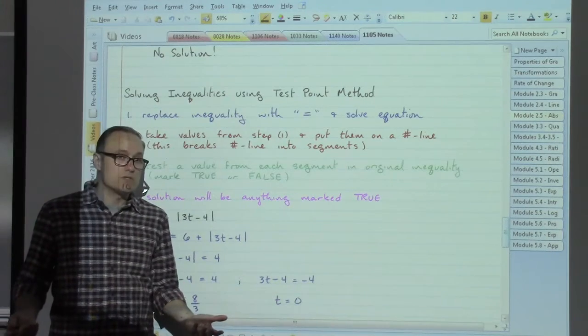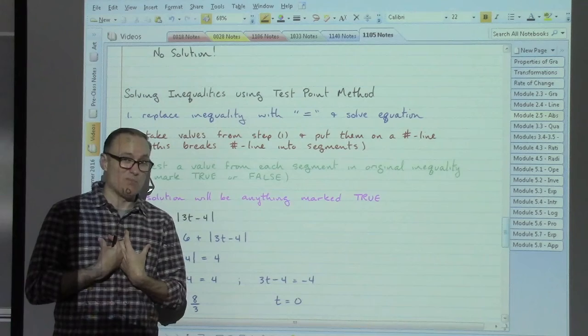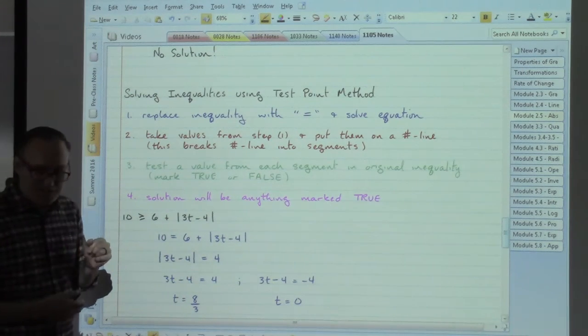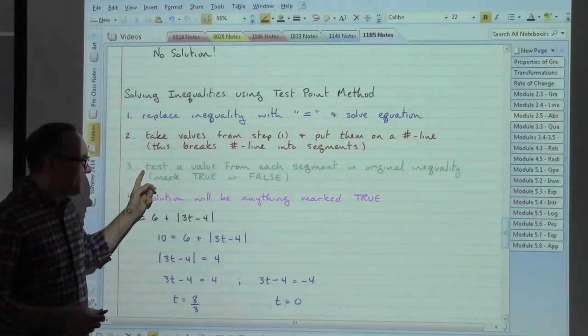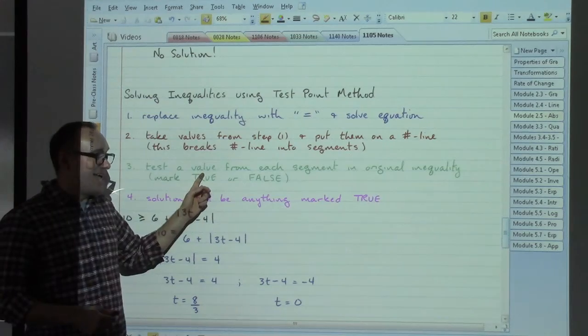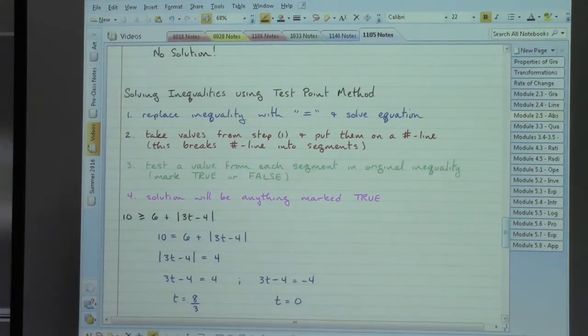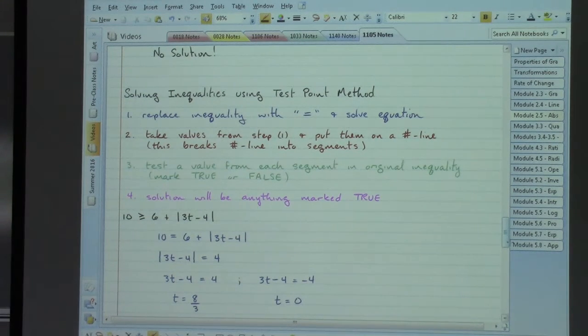Which segments do we want to report because they're part of our solution? This is where the test part of test point method comes into play. From each of those segments, we're going to pick a number and test it in the original inequality.